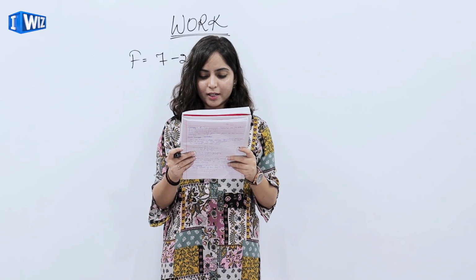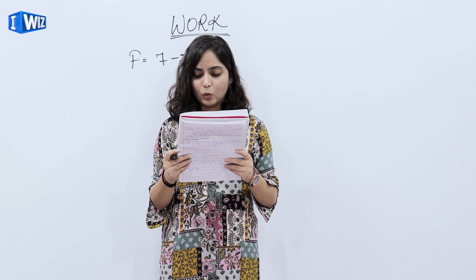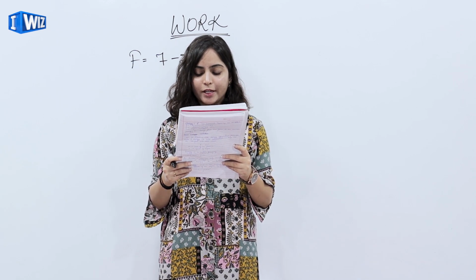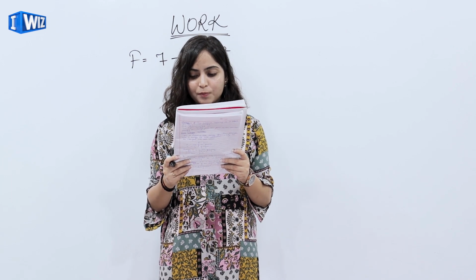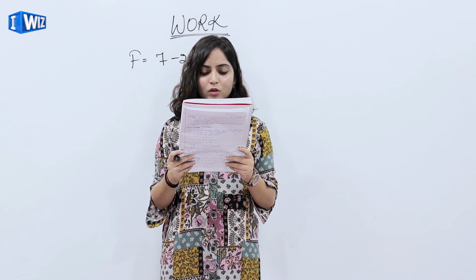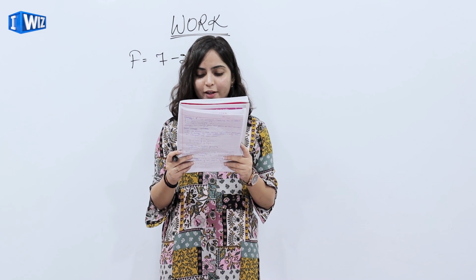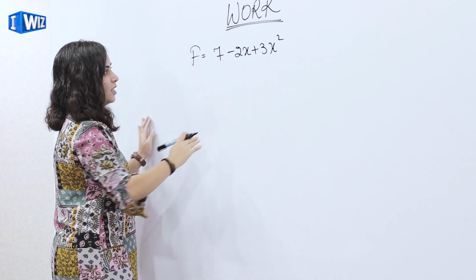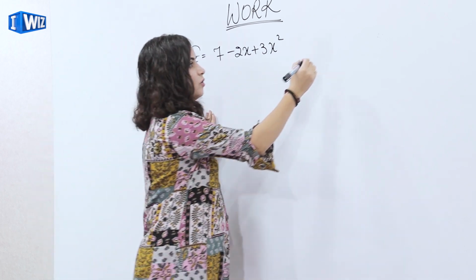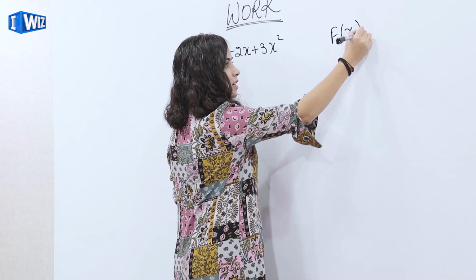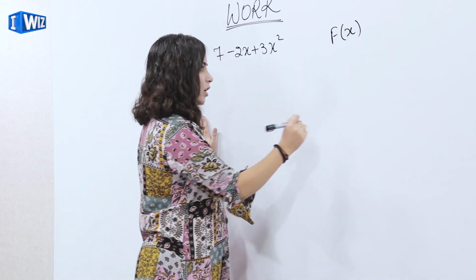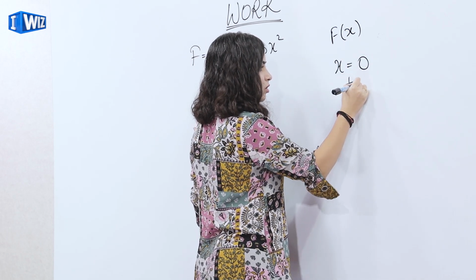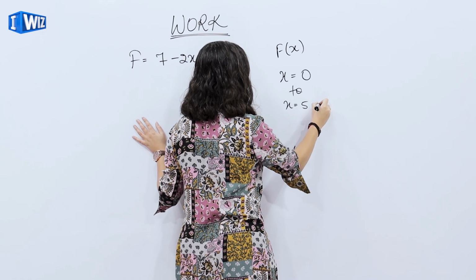A position dependent force F is equal to 7 minus 2x plus 3x square acts on a small body of mass 2 kg and displaces it from x equals 0 to x equals 5 meter. Calculate the work done. We are given the force. This is a variable force. Force is depending on x, and in the numerical, x goes from 0 to 5 meter.